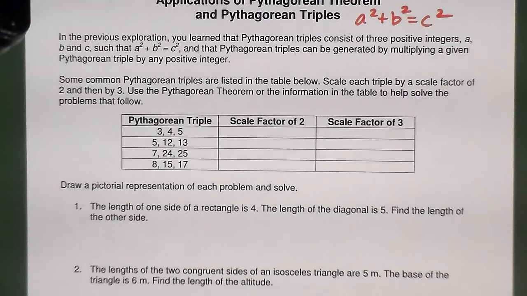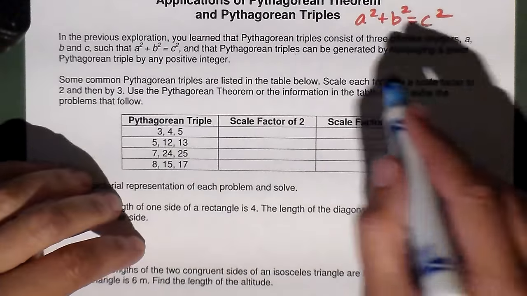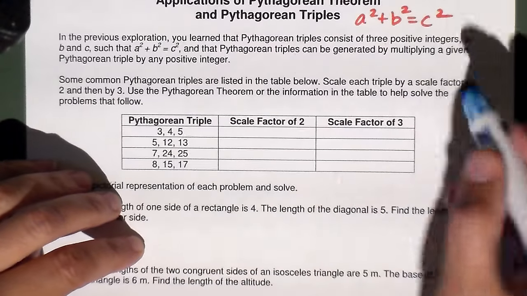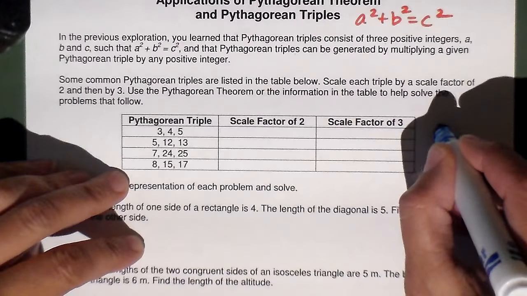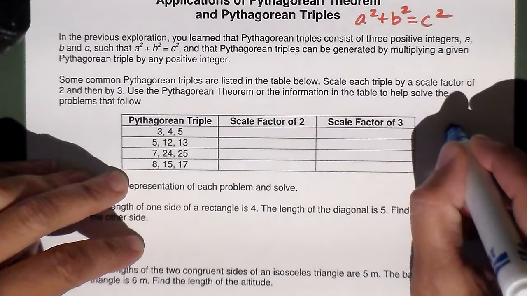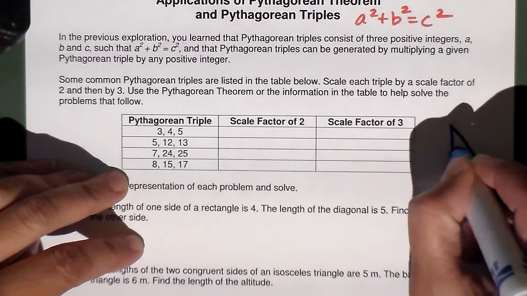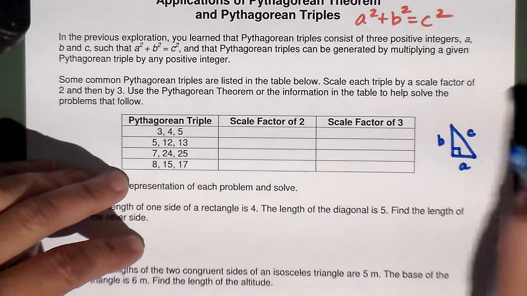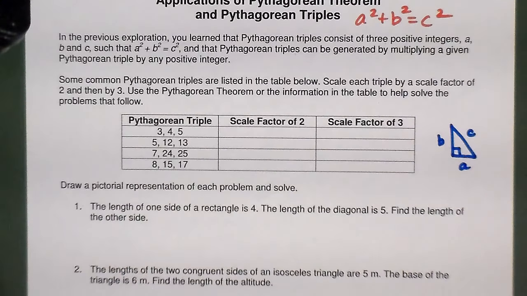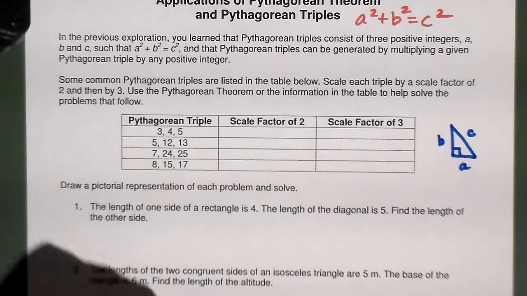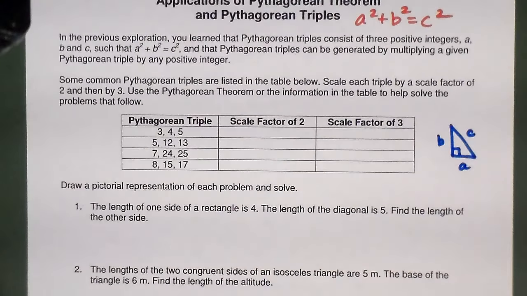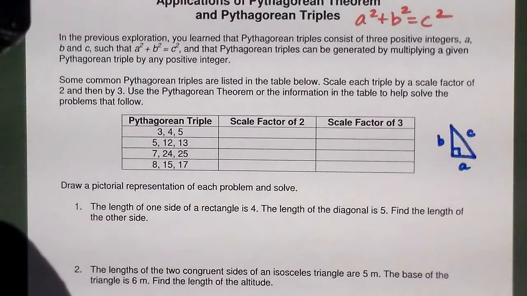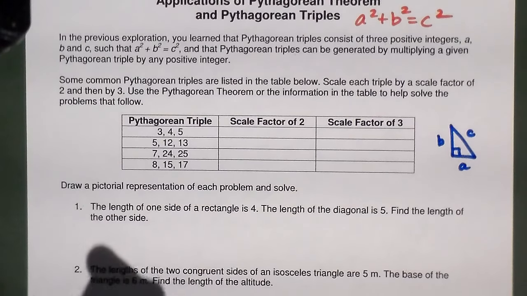The Pythagorean Theorem is actually a comparison of areas. Basically, if I have a right triangle, and I'll do my best on this, I'm going to call this side A, that B, and that C.